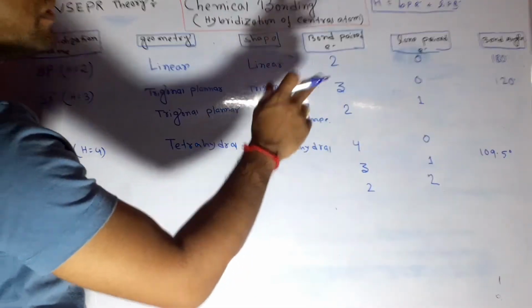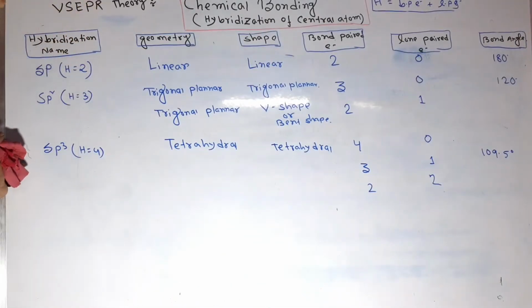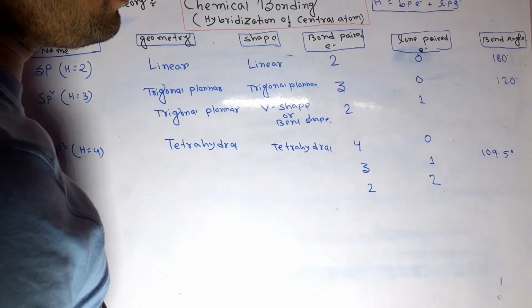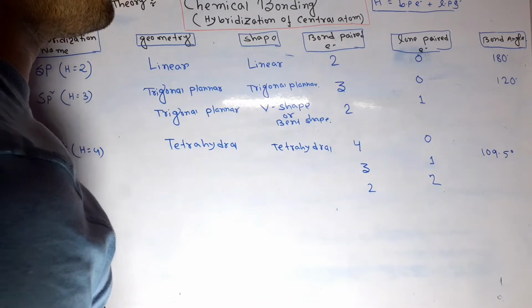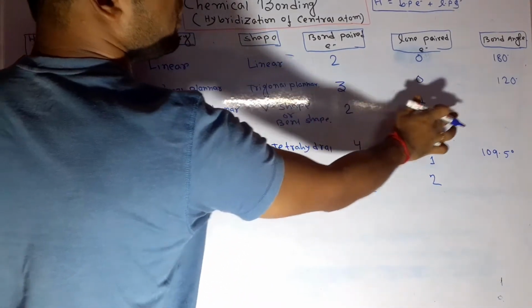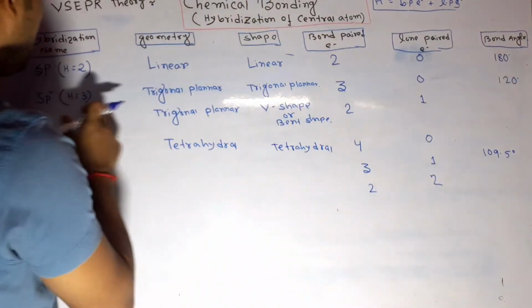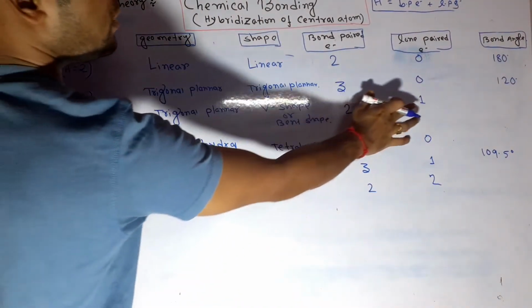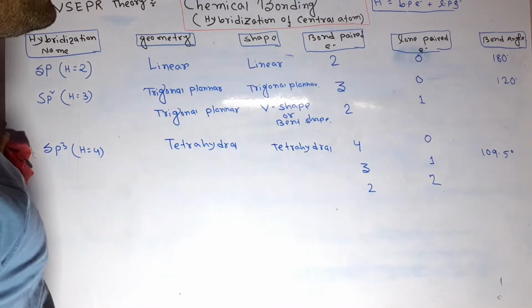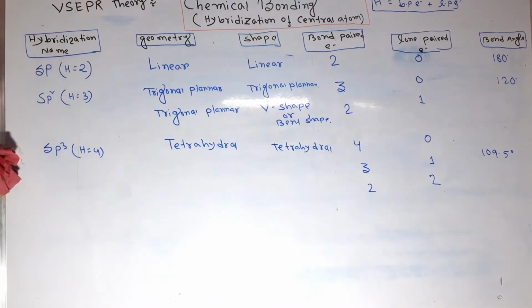The bond angle depends on the number of lone pair electrons and the electrostatic repulsion between lone pair and bond pair electrons. For trigonal planar, if the lone pair is absent, the bond angle is always 120 degrees. But in sp2 hybridization, if a lone pair is present, the bond angle is not 120 degrees; it can decrease or increase.